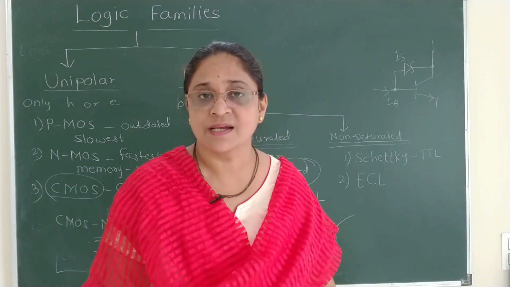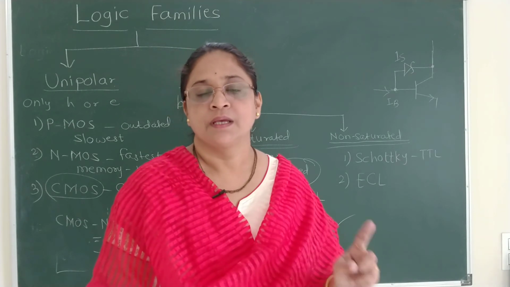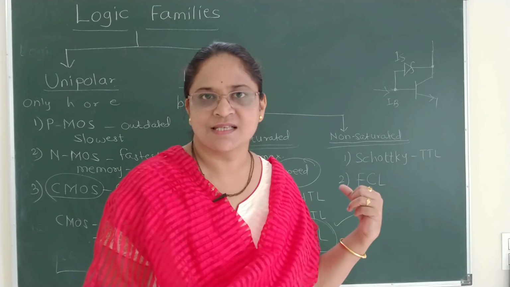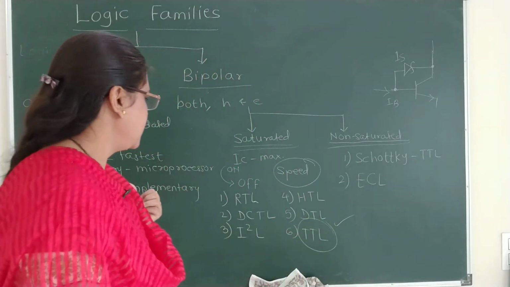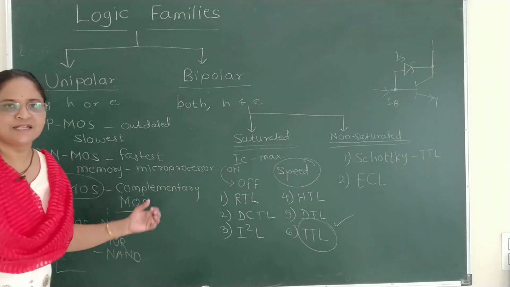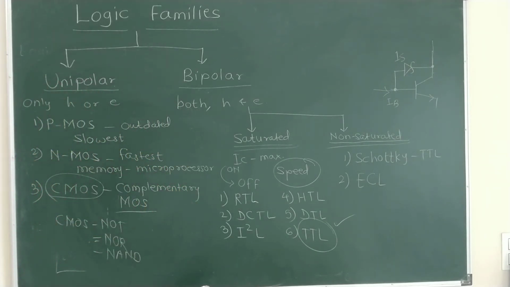Which specifications are important in the case of a digital IC, that we have to discuss. So first, the characteristics or specifications of digital ICs is our next discussion point.